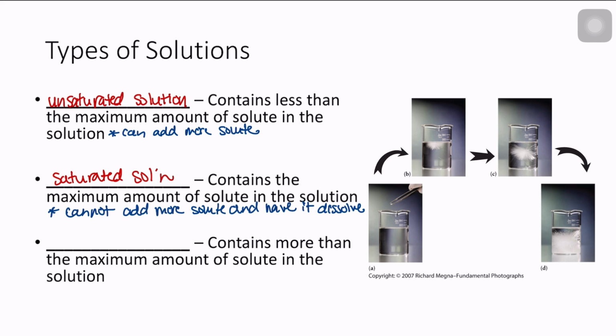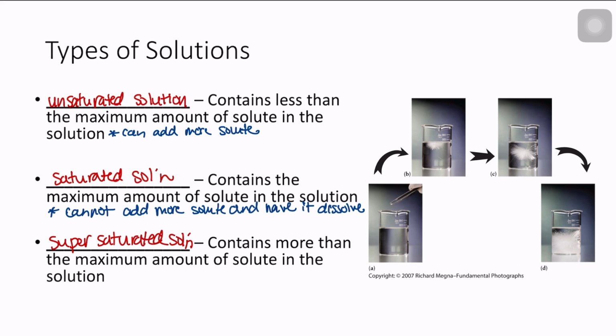Now let's say we add one more drop of solute. Then we get what is called a supersaturated solution. A supersaturated solution is when you have more than the maximum amount of solute in that solution.